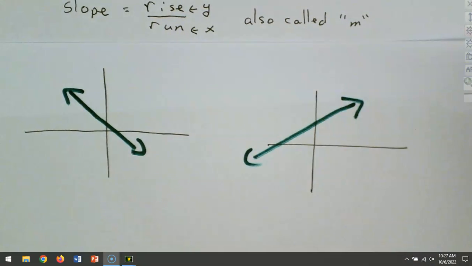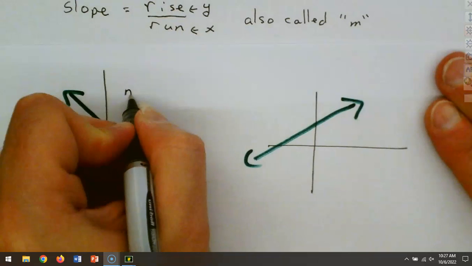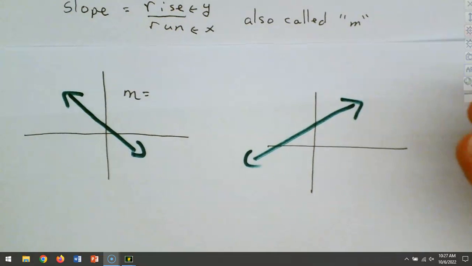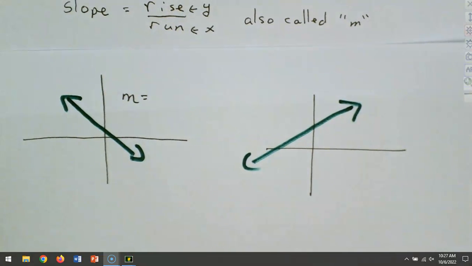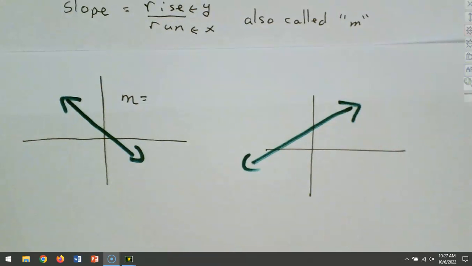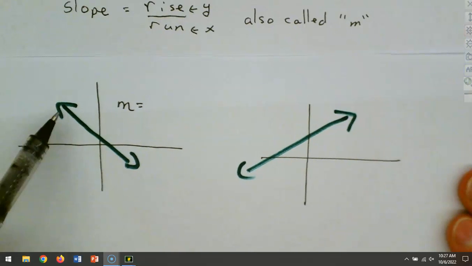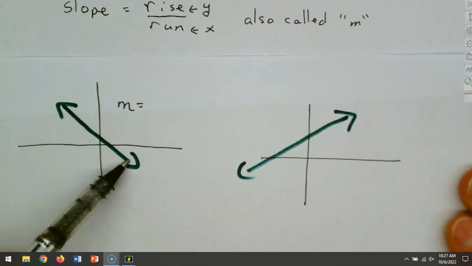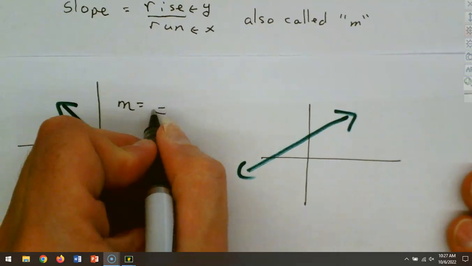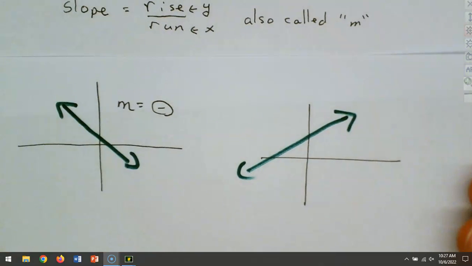Okay, what about these lines? Let's look at the first one here. Is my slope going to be positive or negative? Now, positive value means it increases. Negative value, again, means it decreases. So when I look at this line, what is it doing? Going down, so my slope would be what? Negative, right? Negative slopes go down.